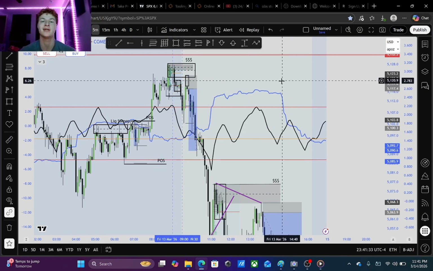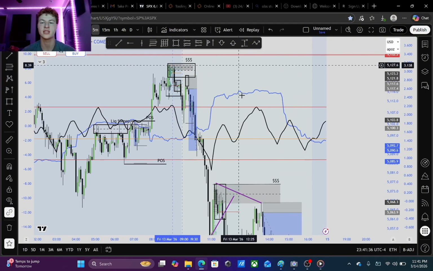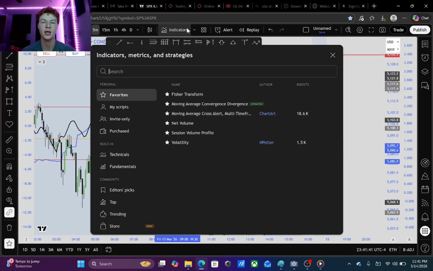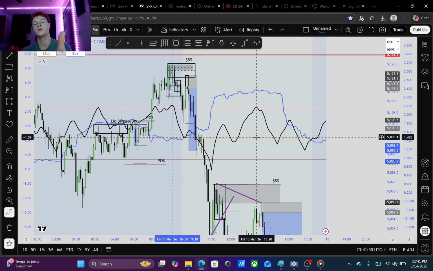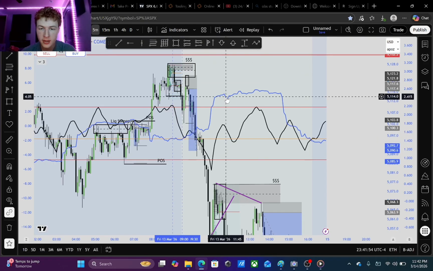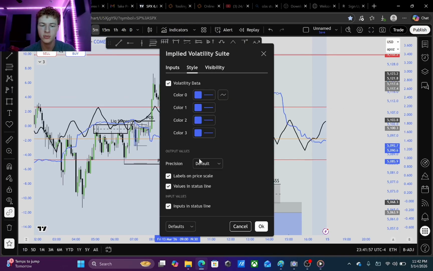Blue line, volatility. I have no idea if this is the right one, but when I go to indicators right here, it says volatility. So yeah, also don't know what these are, but that looks like the one that the guy Ray, my boy Ray, trades with.